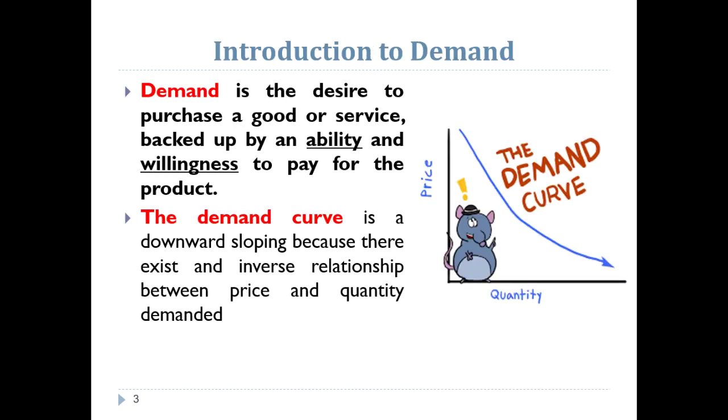We are going to start our class with the definition of demand. Demand is the desire to purchase a product or service backed up by an ability and willingness to pay for the product. So what does it mean? In a simple way, we can define demand as the ability and willingness to buy a product at a given market price.